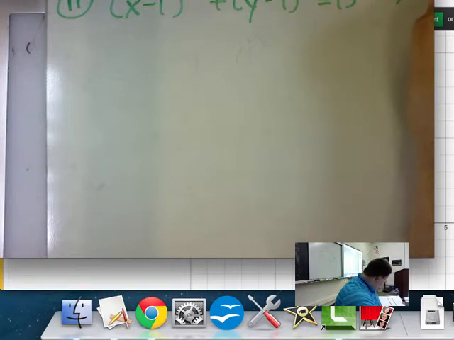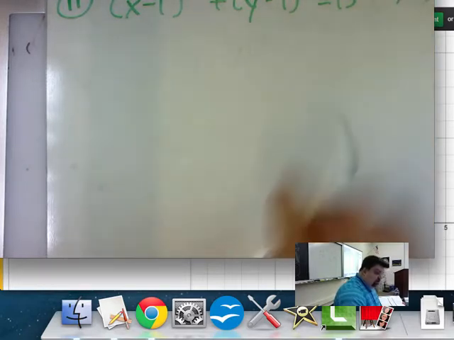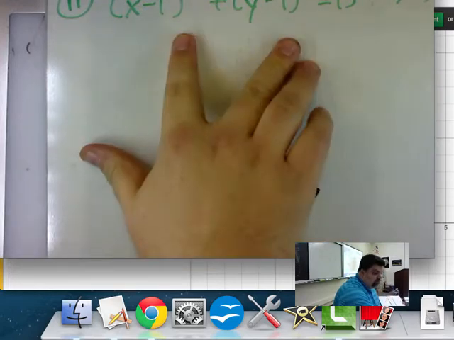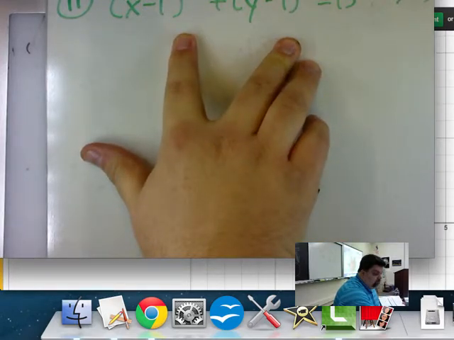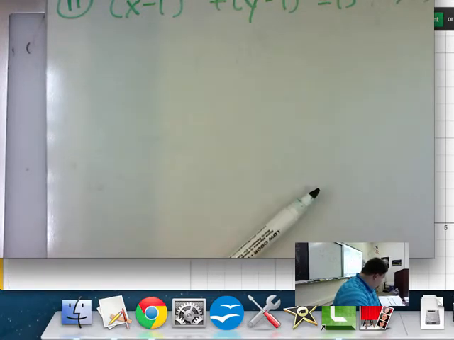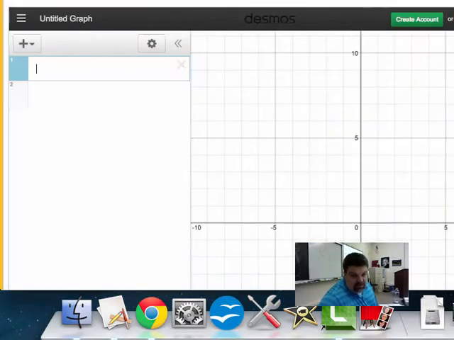We have an equation here. This is a circle, and the radius of the circle is the square root of 13. So let me graph this.